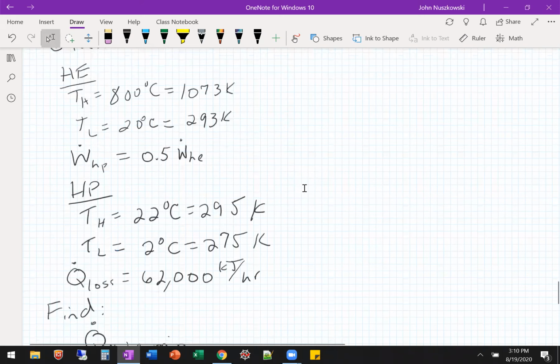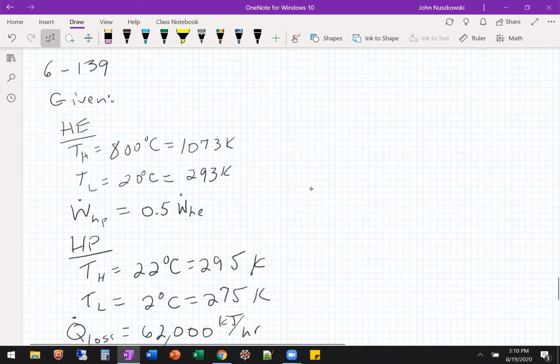All right, so let's draw our schematic. It's always important to draw your schematic, but this one especially because it has a little bit more complexity, and without it you can get lost in all the things you need to do.